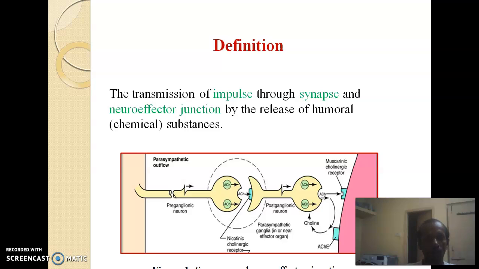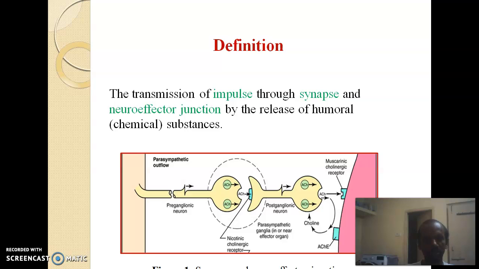First of all, we discuss the definition of neurohumoral transmission. This is nothing but the transmission of impulse through synapse and neuroeffector junction by the release of some chemical substances or humoral substances, which we call neurotransmitters.